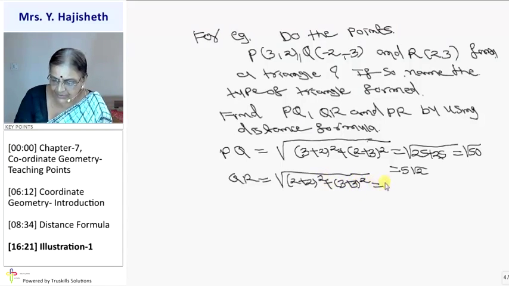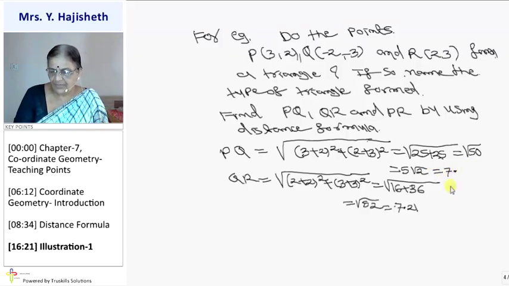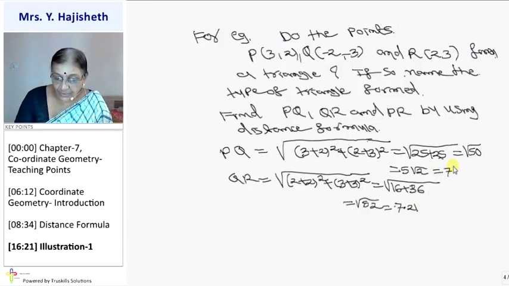So it is under root 16 plus 36, and that is square root of 52, which is approximately 7.21. Here it is approximately 7 point something, 7.21.